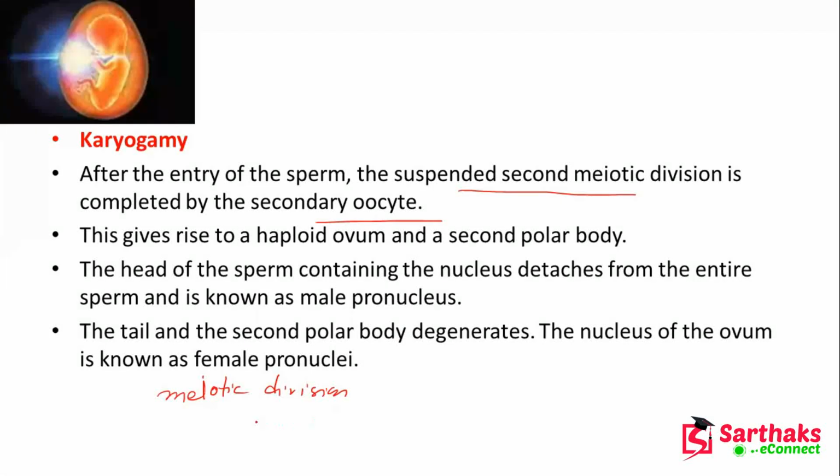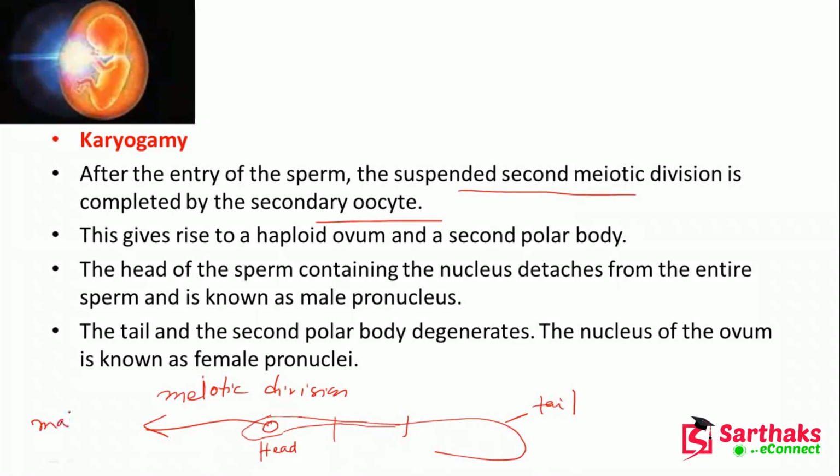We have seen that the sperm looks like this. This is the head, where you have the nucleus, this is the middle portion, and this is the tail portion. The head of the sperm containing the nucleus detaches from the entire sperm and is known as the male pronucleus.